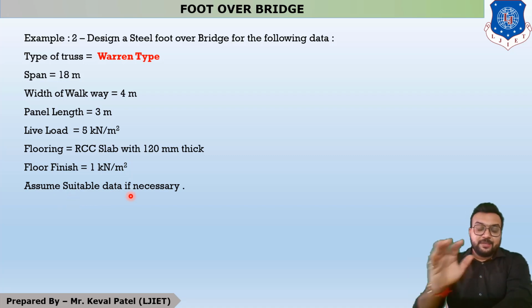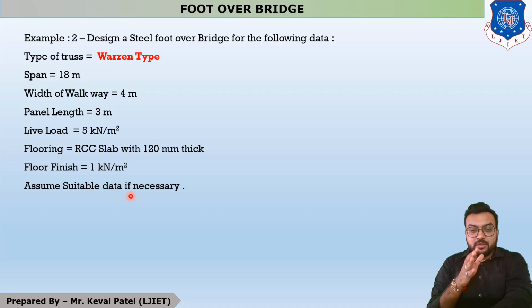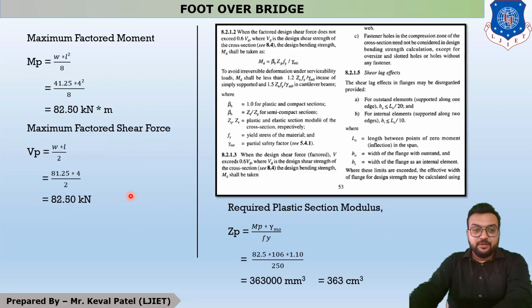So students, in the last lecture we covered our example up to step number 2, in which we found up to ZP, plastic section modulus. It means in this type of foot over bridge, we have to find out MP.